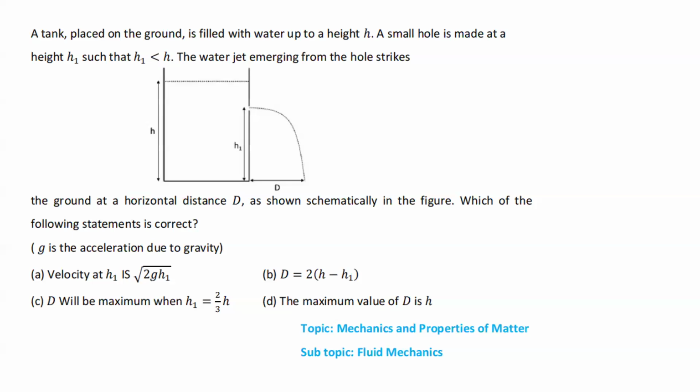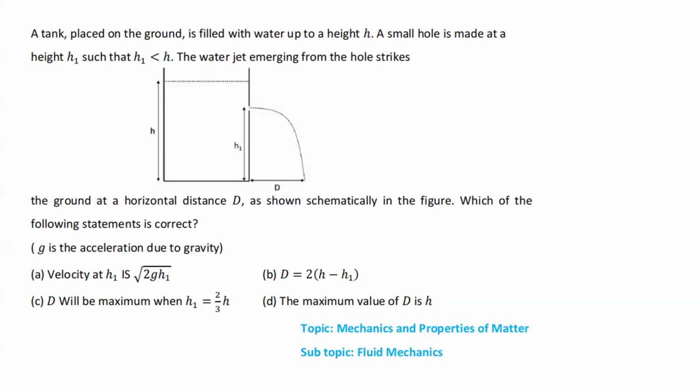The water jet emerging from the hole strikes the ground at a horizontal distance d, as shown schematically in the figure. Which of the following statements is correct? We need to find among the options which statement or statements are correct.